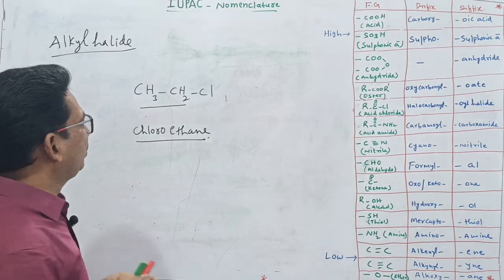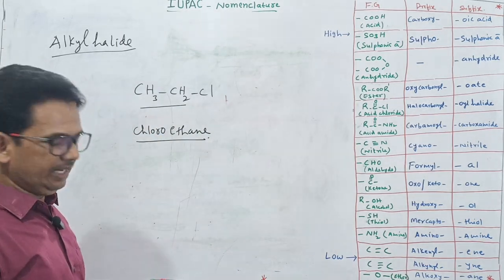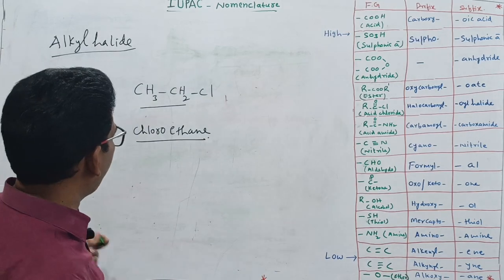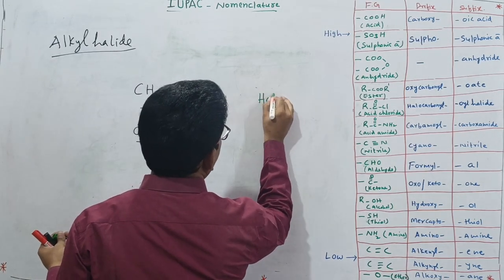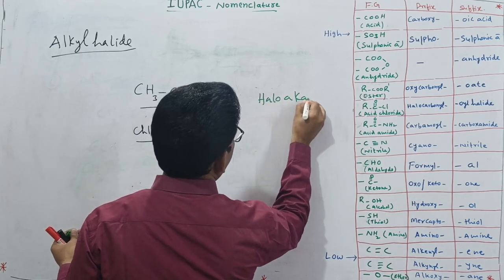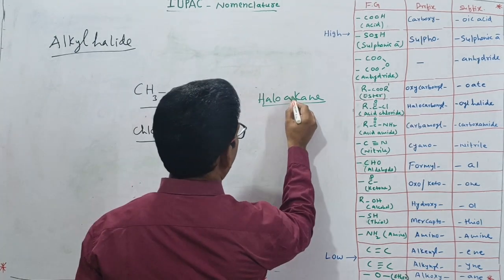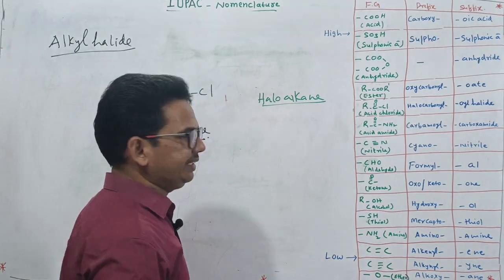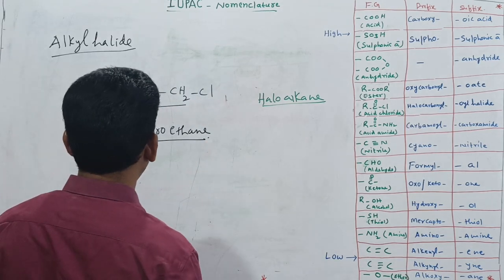Chloroethane means the halogen we write as the prefix. That's why, according to IUPAC, haloalkane. Any halogen followed by the alkane, that's why it is haloalkane. Then I will give another example.